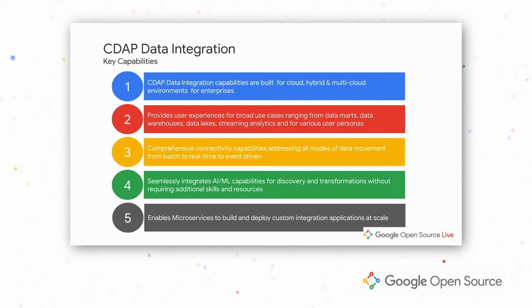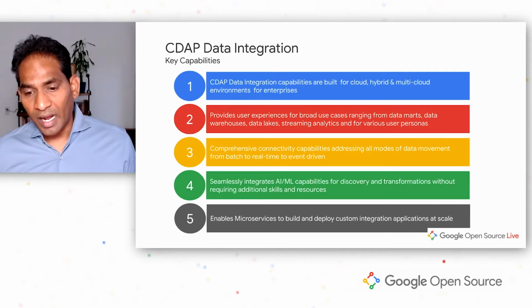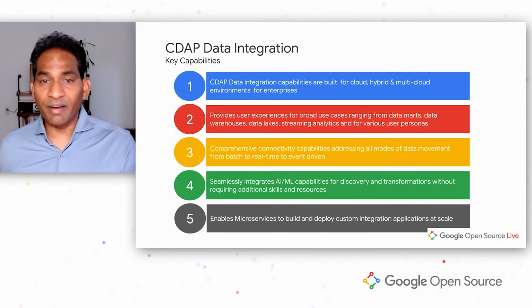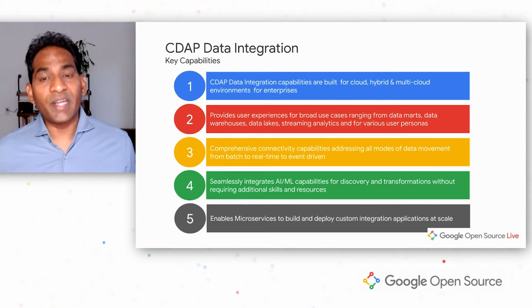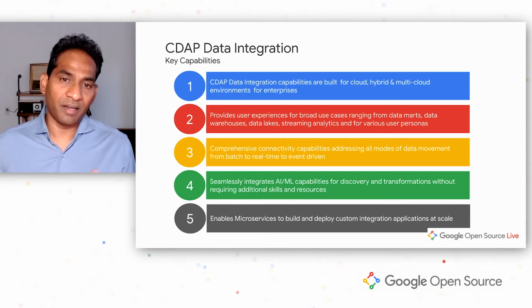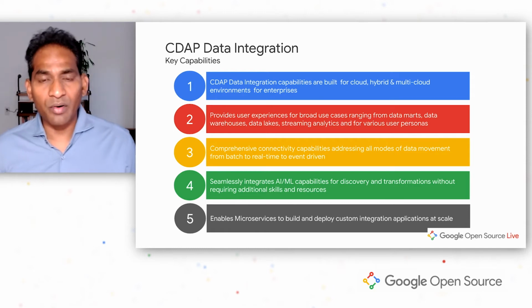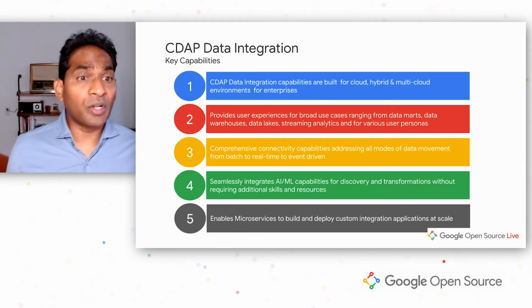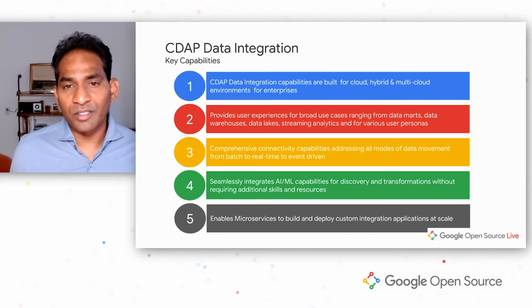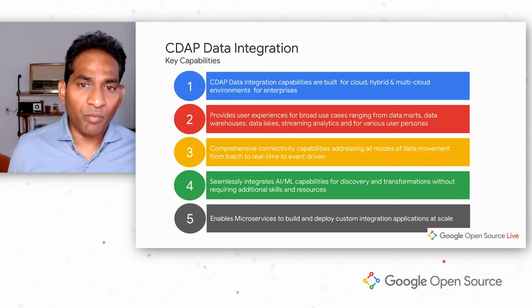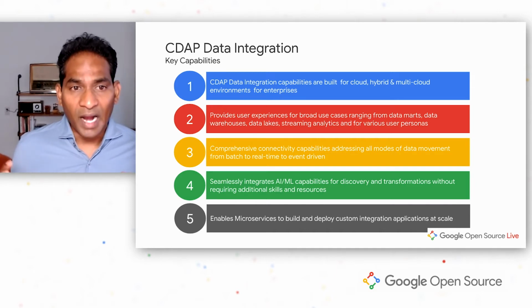There are a lot of enterprises that are using the CDAP platform to build integration applications, integrate all kinds of data, or democratize the data and make it available. So you can take this platform and run it on Google Cloud. You can also take the same platform and run it on premises. You can run it in multi cloud environments and hybrid cloud environments, and that was the intent.